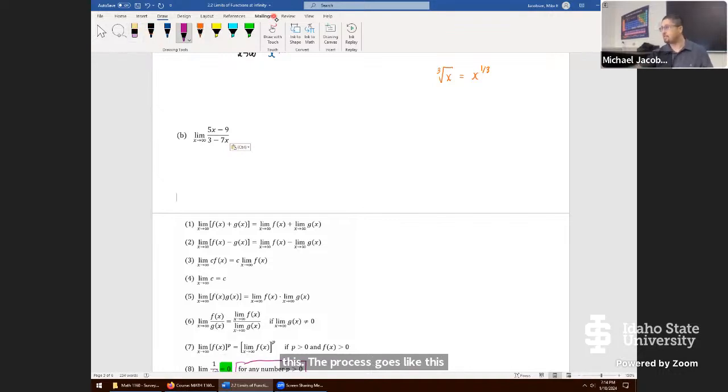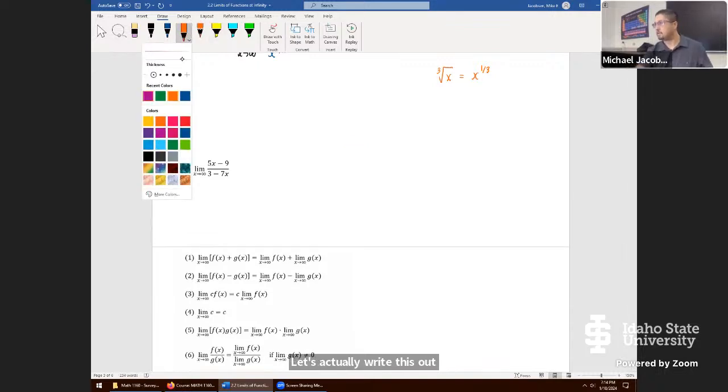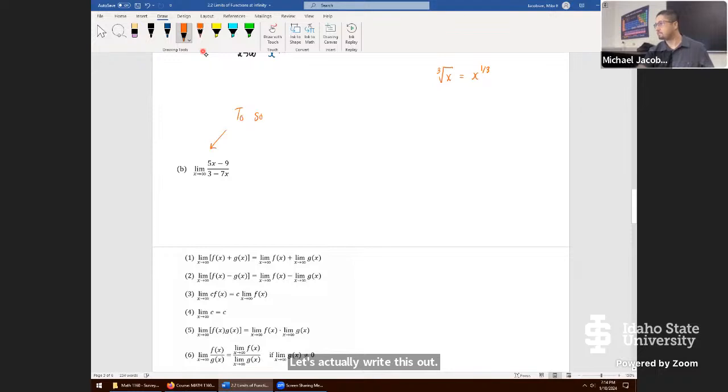Let's actually write this out. To solve this limit, select the value. Let's, instead of saying value, make this a little more descriptive.